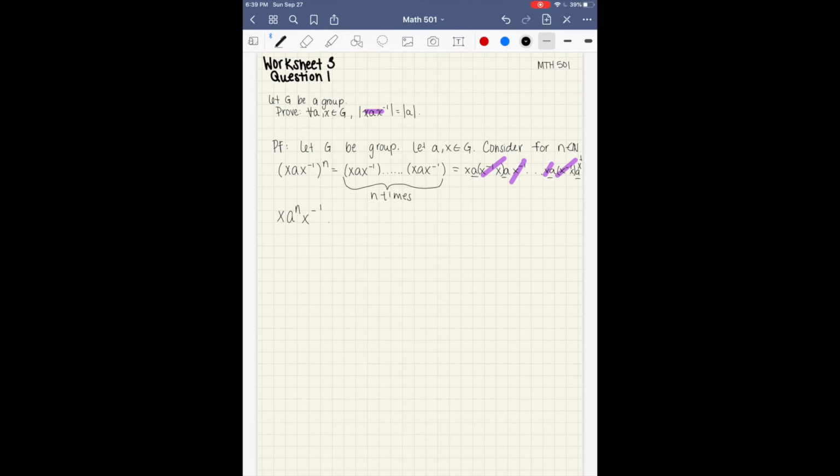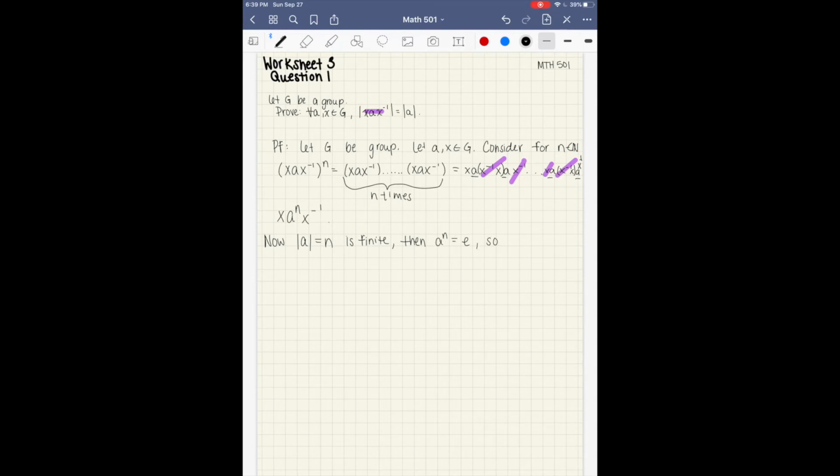So now, if we know that the order of element A is n, is finite, meaning that it's actually a number, then since it's the order of the element, a to the n is equal to e.